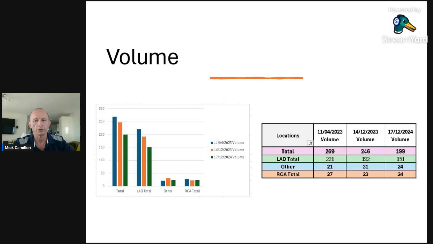So we had a significant change from the first one to the second one in volume, 20 cubic millimeters, and then a significant change of 47 cubic millimeters in the second to third test. Now, the expectation, left untreated, is that CAC score, volume, and everything else goes up year on year.